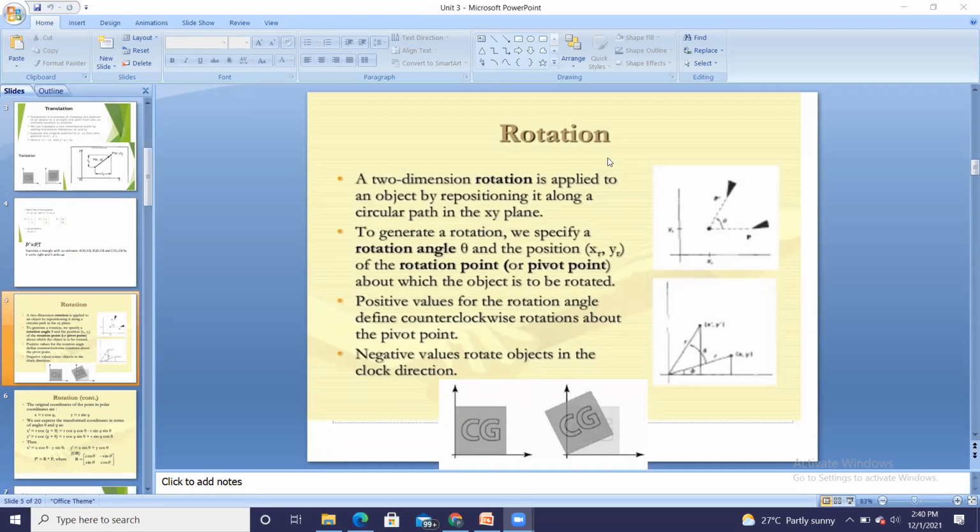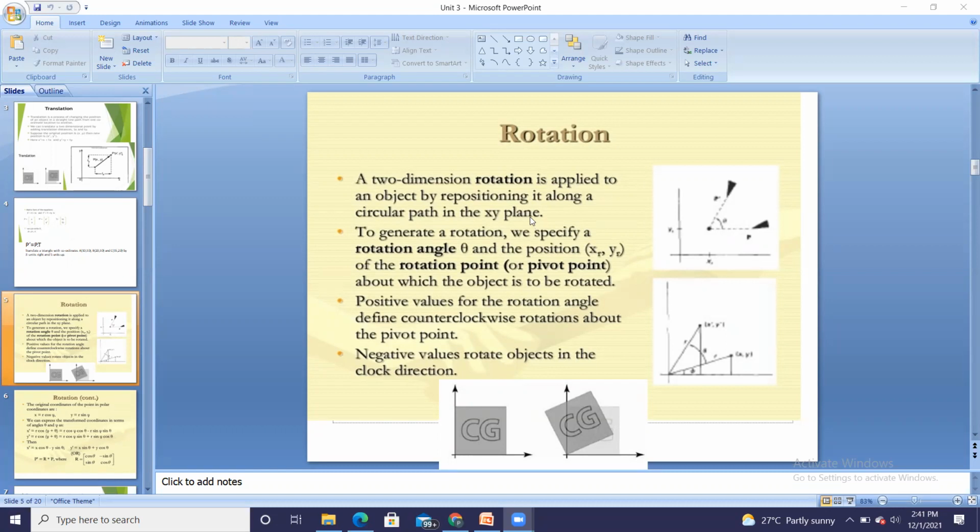But in rotation, we change the position of the object in a circular manner, where the angle of rotation starts from 0 degree and can have a maximum value of 360 degree. So it will complete a circle. Rotation is applied to an object by repositioning it along a circular path in the XY plane.